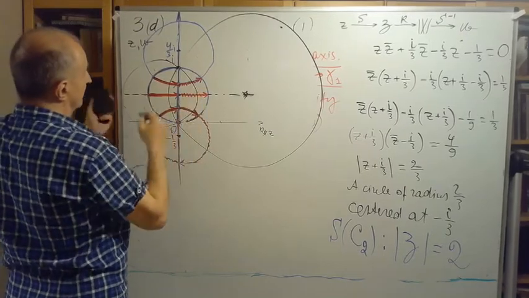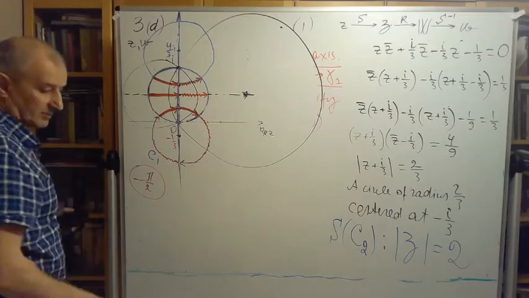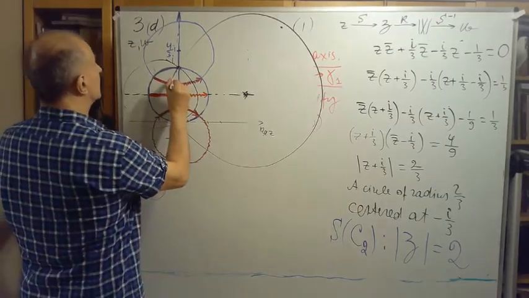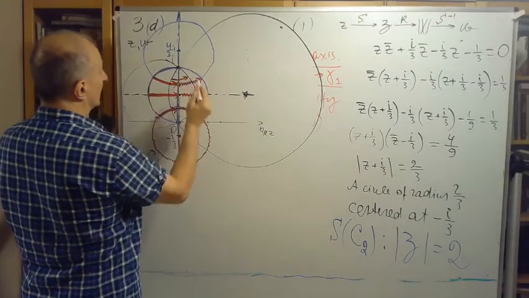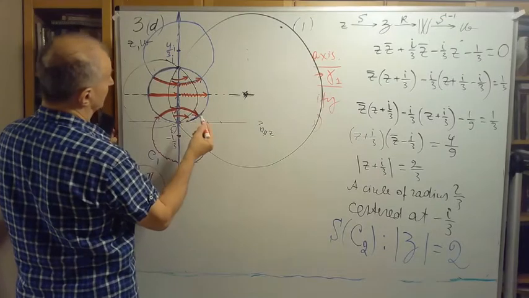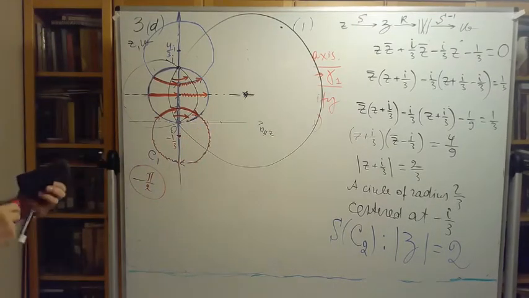And then, if one of them is moving to the other by rotation through 90 degrees, probably it will go along some arc like this.